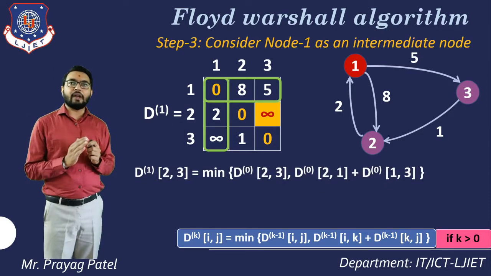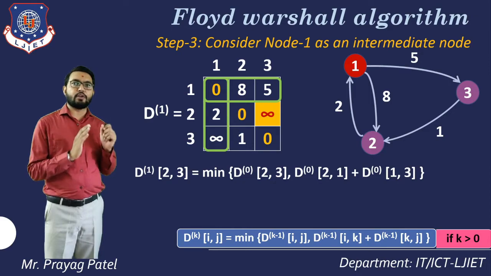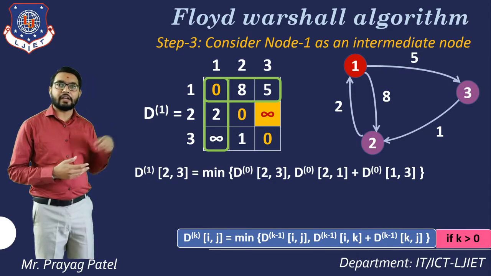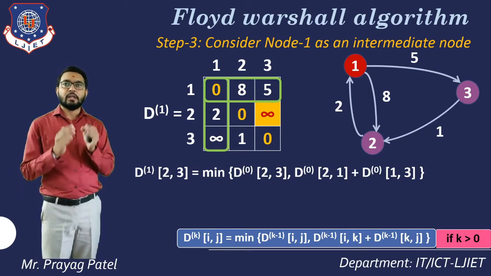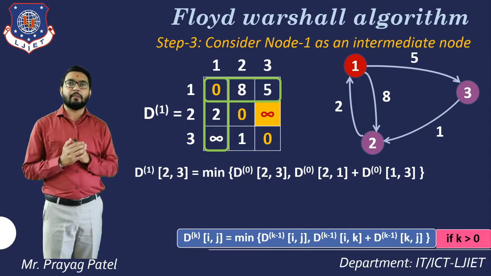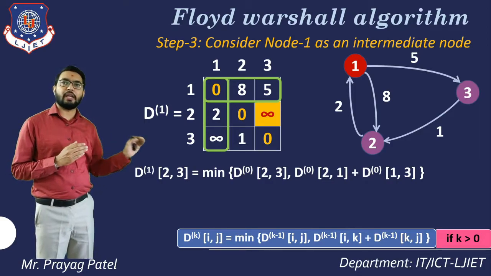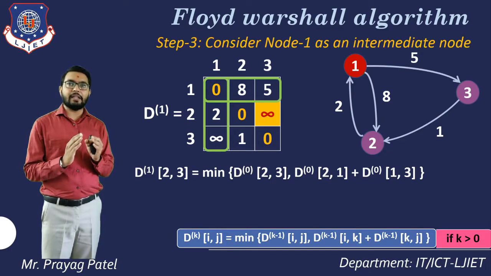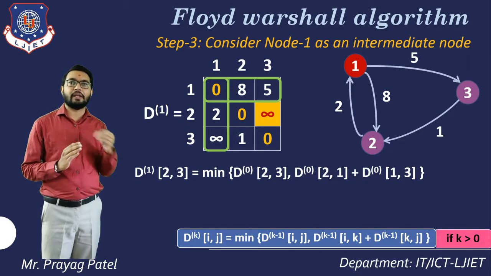Now find the value d1 2 3. Why do we write d1? Here the table name is d1. d1 means node number 1 is the intermediate, so this table is called the d1 table. So d1 2 3 means consider node number 1 as an intermediate and find the distance from node 2 to node 3.